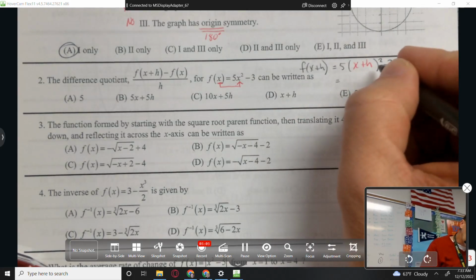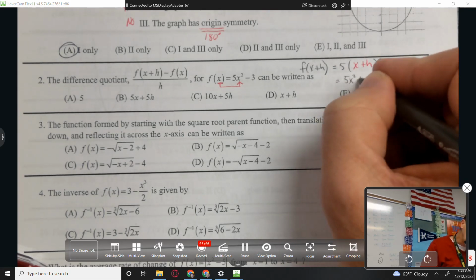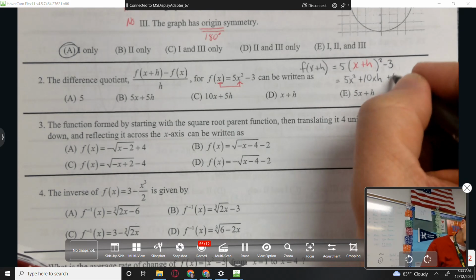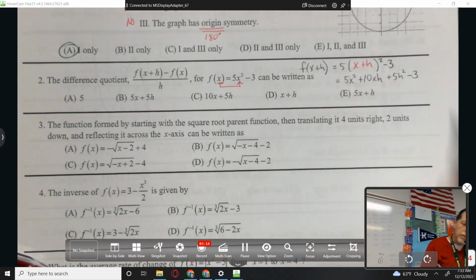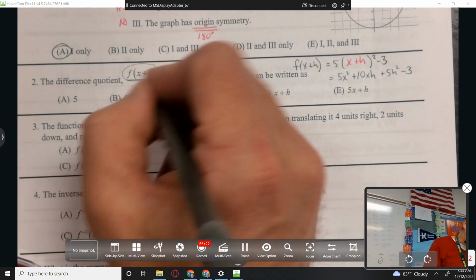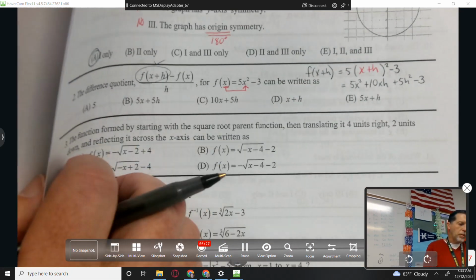And then if I FOIL that and distribute the 5, that's a lot to do in one, but 5x squared plus 10xh plus 5h squared minus 3. That's f of x plus h. So now I have this piece I can plug in. I'm going to have to do the rest of the work on a separate piece of paper here.